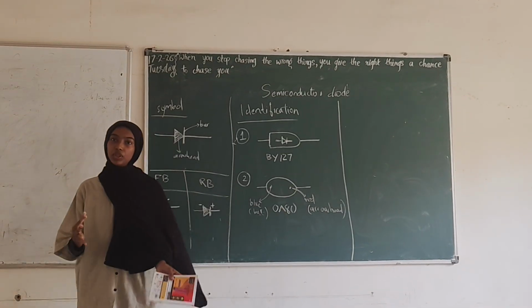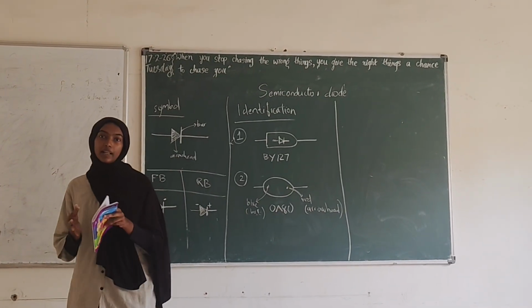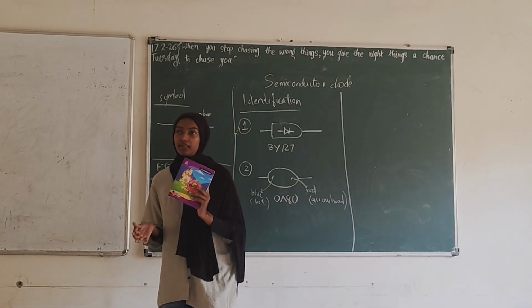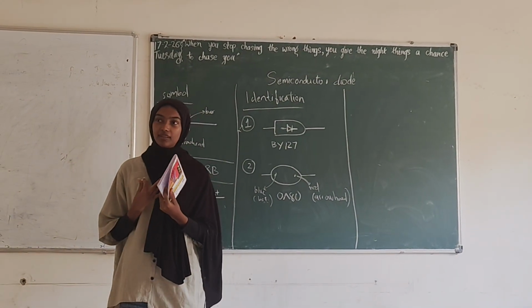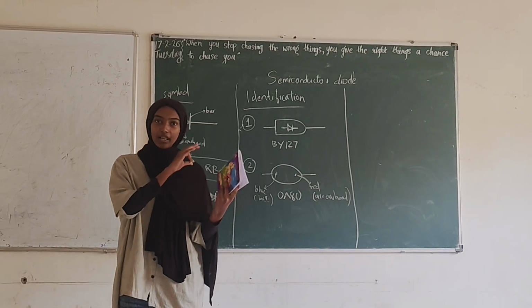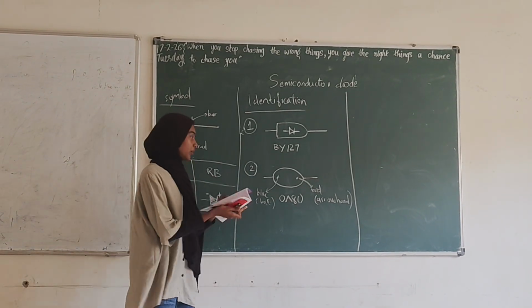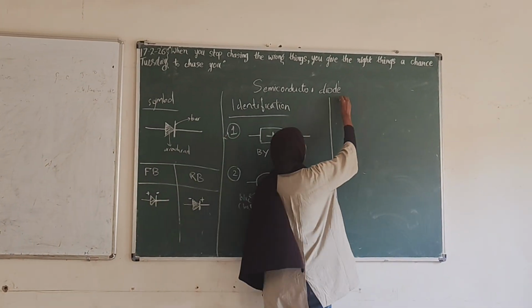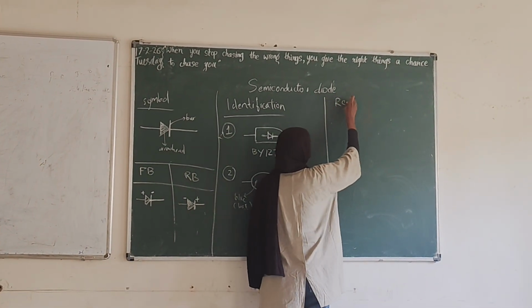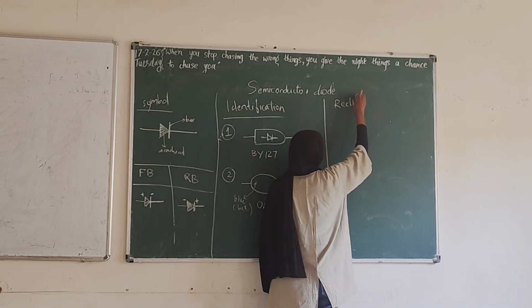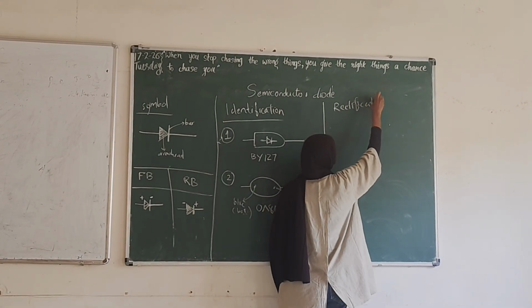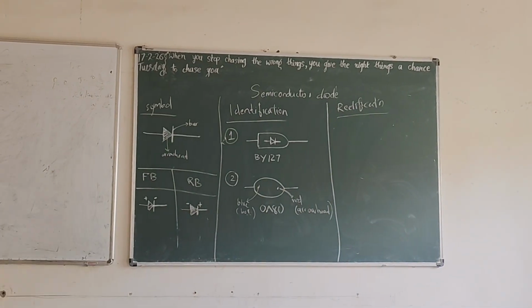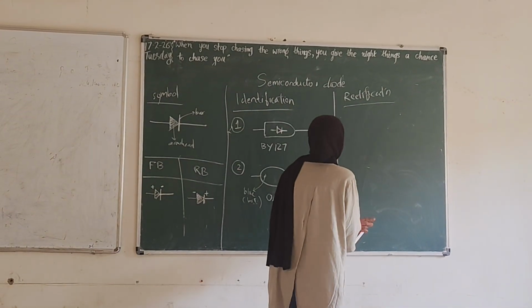Now we are moving to how a diode works as a rectifier. So basically, what is rectification? Converting AC to DC. I will explain this using an experiment.